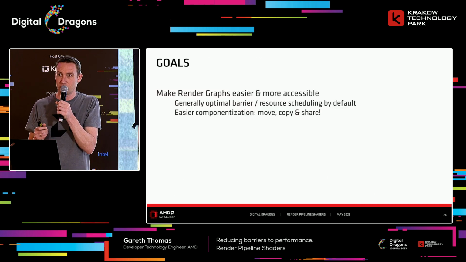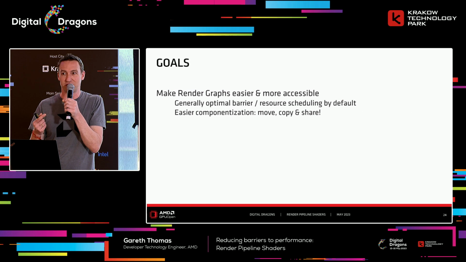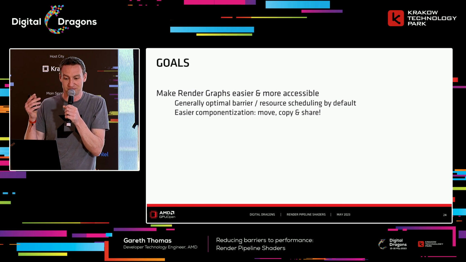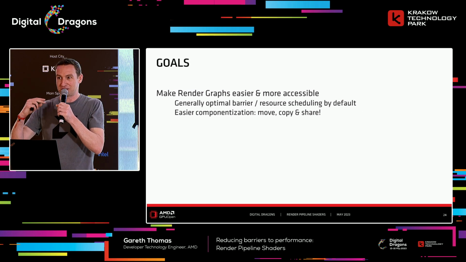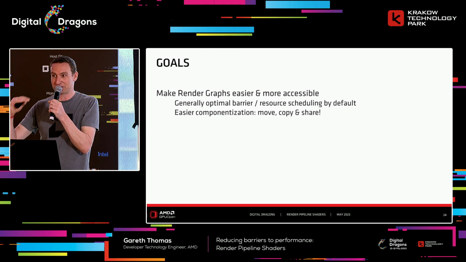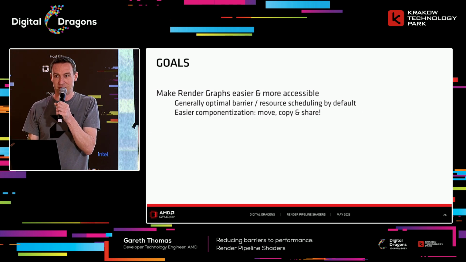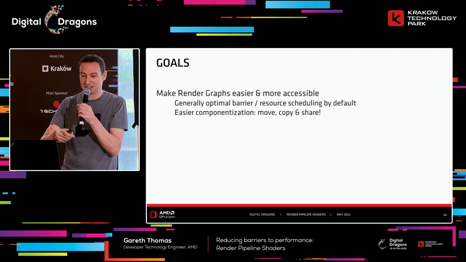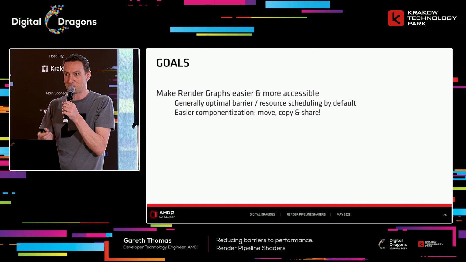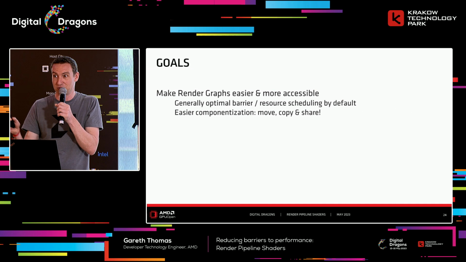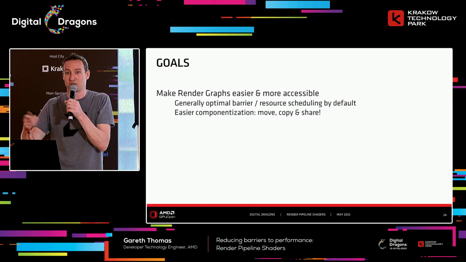So what we want to do is come up with some kind of render graph solution that makes the barrier to entry for render graphs much easier. It gives you out of the box great scheduling of resources and perfect barrier placement, or as close to it as possible.